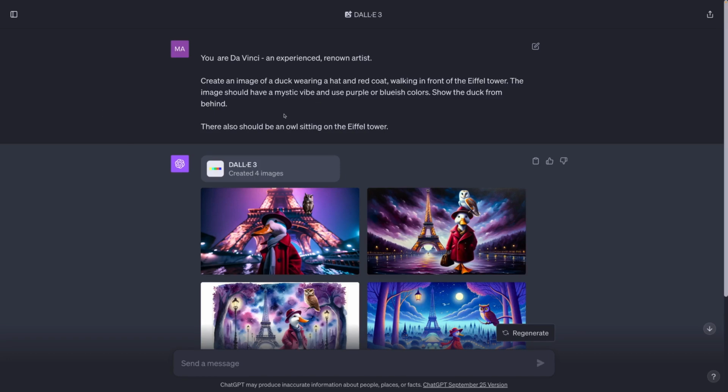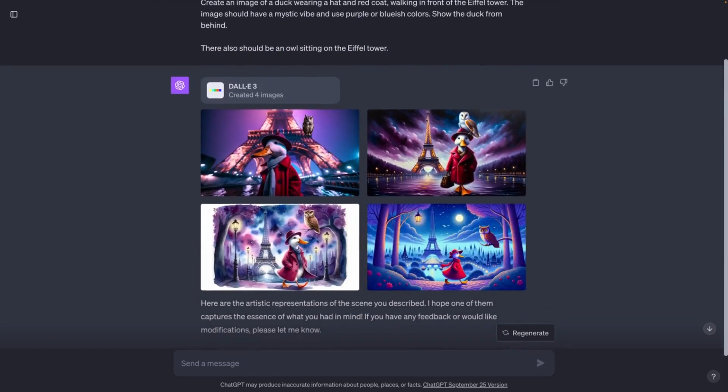It might be fine to give ChatGPT a lot of details regarding the duck and the art style of the image, but as soon as I also add an owl to that image and I give ChatGPT some details about the placement of that owl, there seem to be too many subjects in the image with too many details, and at least in my experience, that can lead to worse results.